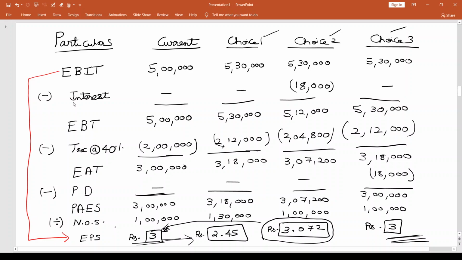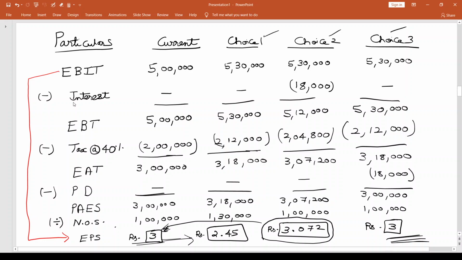Next point that I want to observe here is, now if you look at choice 2 and choice 3, it looks very similar. In choice 2 also you have 18,000 of a financing cost. In choice 3 also you have 18,000 of a financing cost. In choice 2, that financing cost is called interest. In choice 3, that financing cost is called as preference dividend.